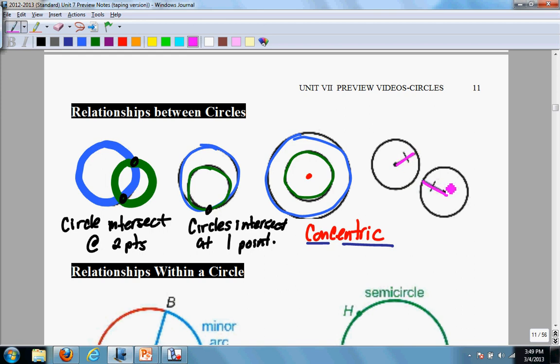And the last one is, if the radii are congruent in 2 circles, then you have 2 congruent circles. If the radii are congruent, the circles themselves are congruent. So again, your vocabulary is circle intersection, concentric circles, and congruent circles.